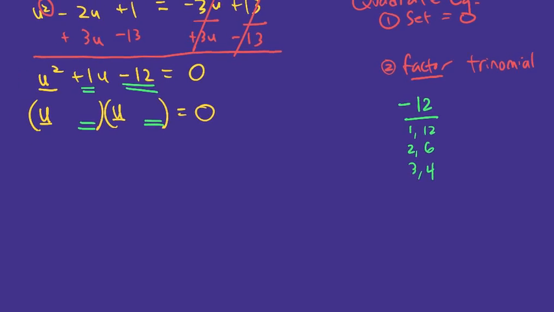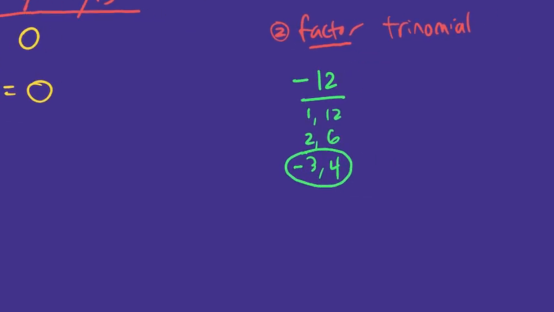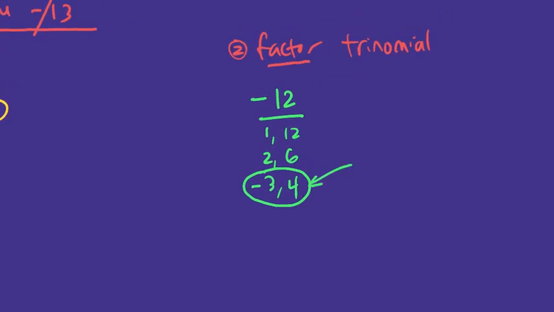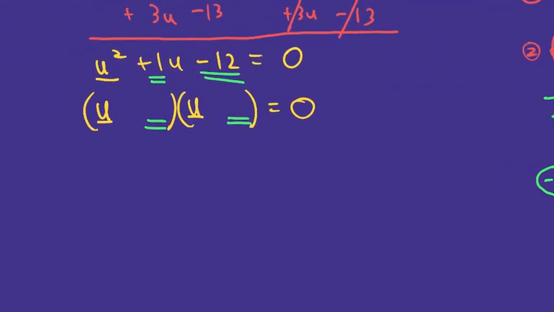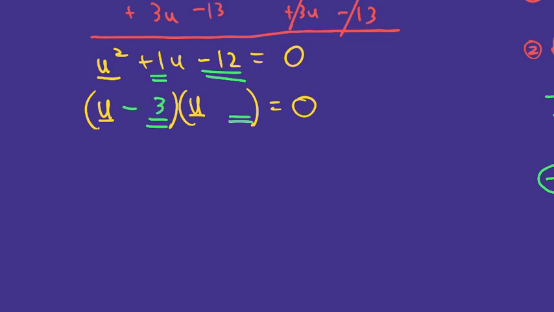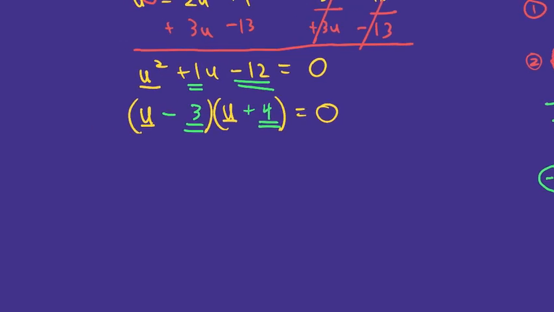And since we want to add to be positive 1, negative 3 and positive 4 multiply to negative 12 and add to 1. So u minus 3, u plus 4 equals 0.